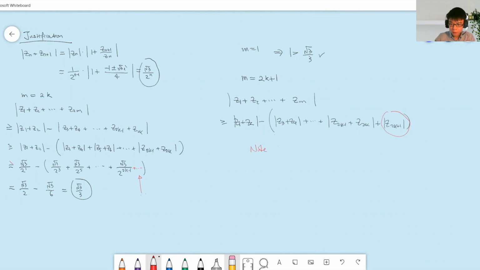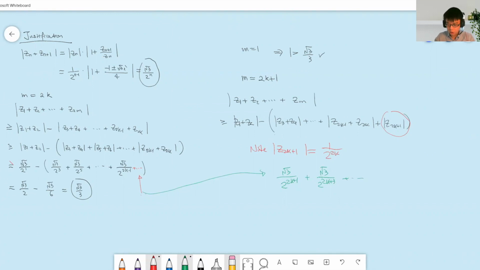Note that z 2k plus 1 has the modulus 1 over 2 to the 2k, right? That's what we know already. And now let's compare the other parts. The additional part here will be root 3 over 2 to the 2k plus 1, root 3 over 2 to the 2k plus 3, all the way to infinity.